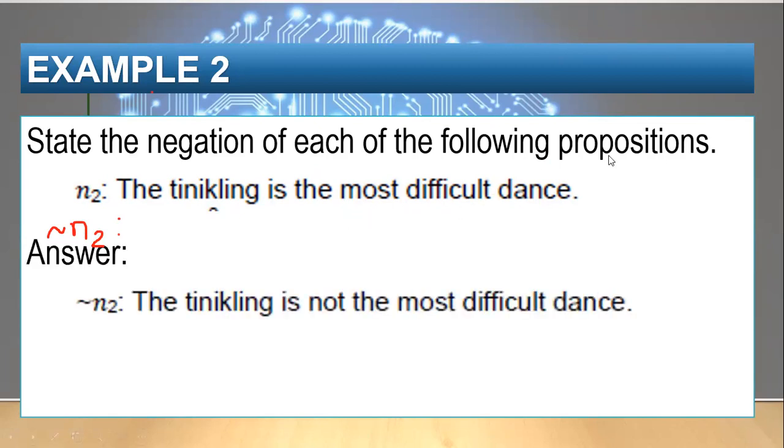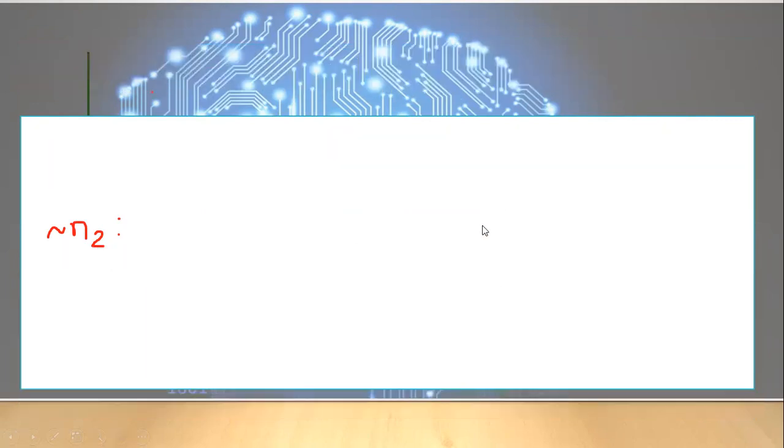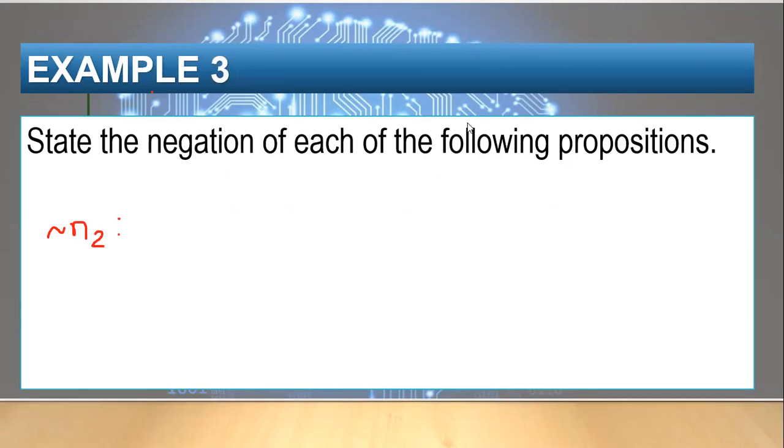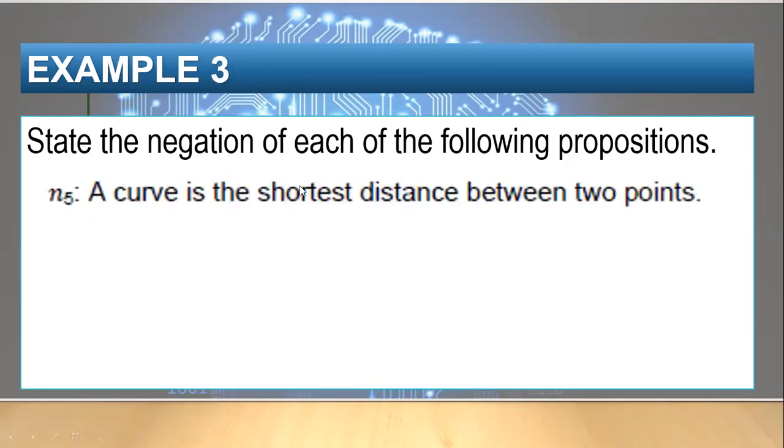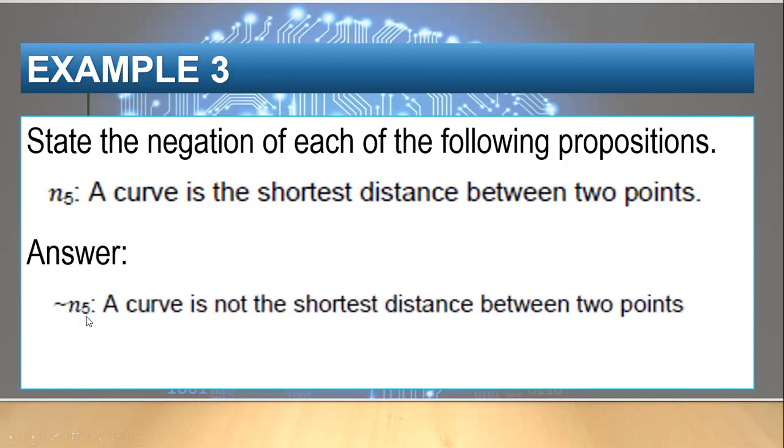So, binabaliktad lang natin yung kahulugan niya. Or ninenegate natin. No? For N sub 5, we have a curve is the shortest distance between 2 points. Well, lagyan lang natin ng not. Napakadali. Not N sub 5: a curve is not the shortest distance between 2 points.